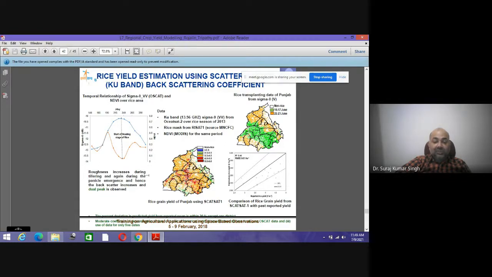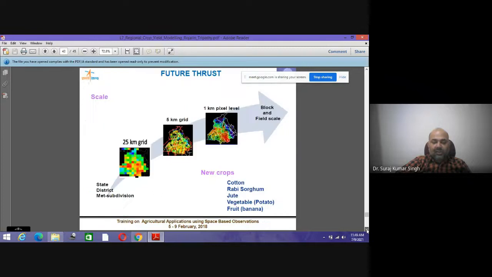Not only remote sensing data sets pertaining to optical data, but we are also readily using hyperspectral and microwave data sets for forest or crop yield estimation.